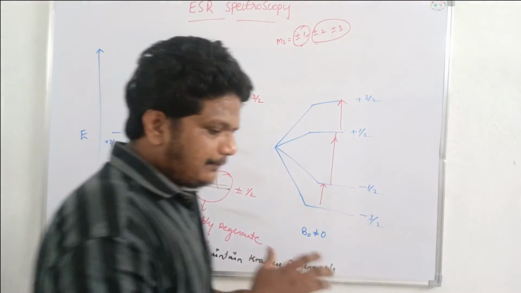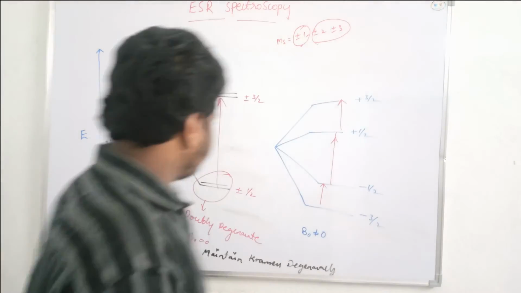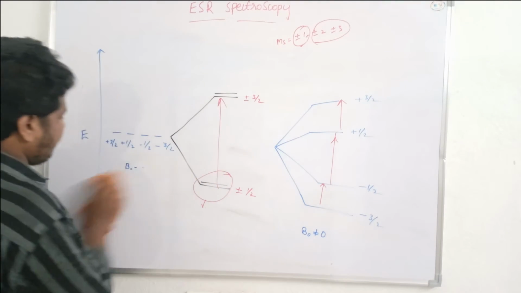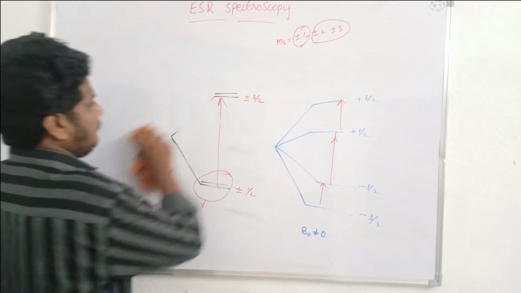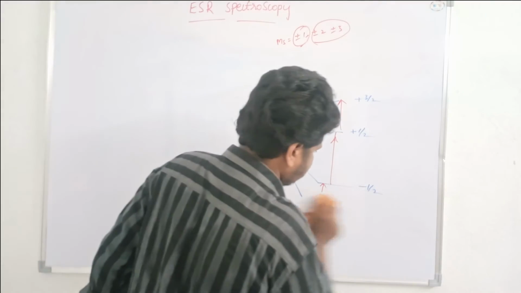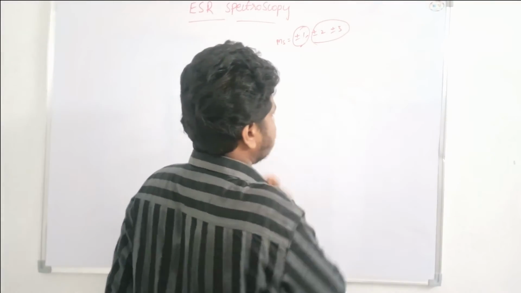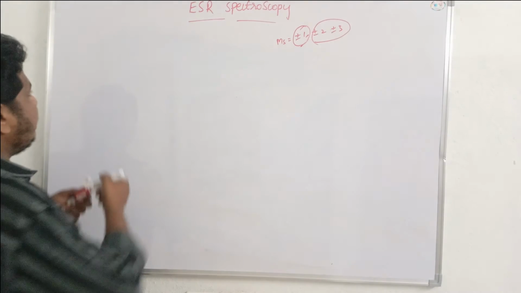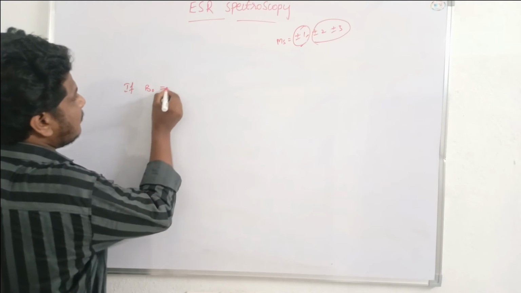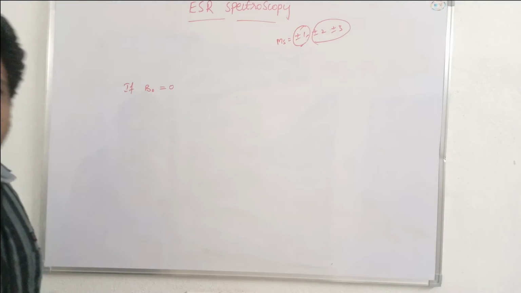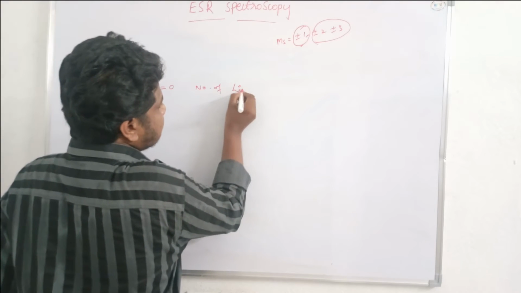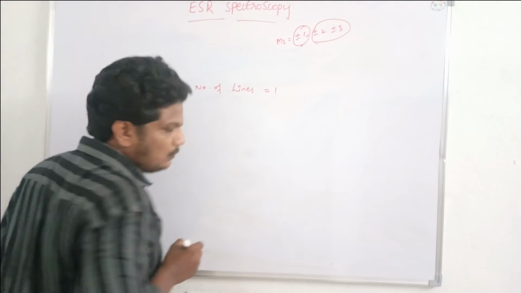So here, if B naught is equal to 0, we can observe the number of lines is equal to 1.